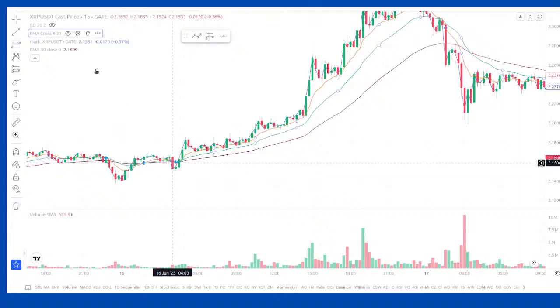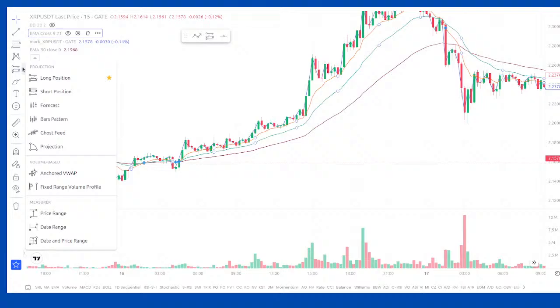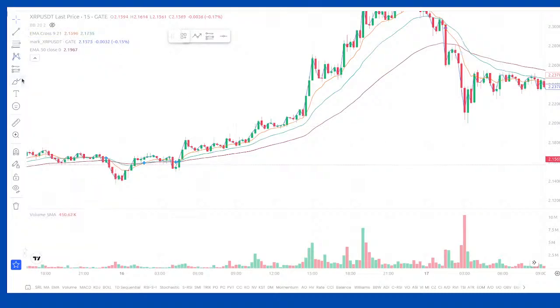We said we are using 9 crosses 21, but now it is crossing from downwards upwards. For example here, it happened to cross up from downwards. Can I draw a circle, or rather something like so, since all these are indicators? Let me see if I can draw a circle.